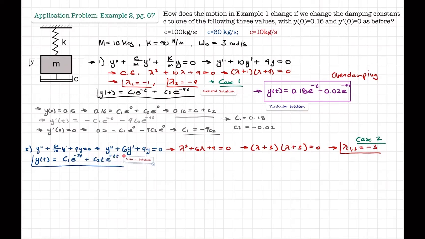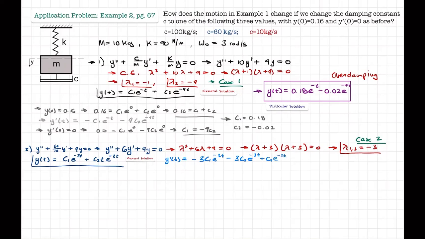And now, once again, I need to apply the initial conditions. I need to figure out what that other solution is. So let me write it here. Let's continue working here. So y prime of t will then be equal to negative 3c1 e to the negative 3t minus 3c2 e to the negative 3t plus c2 e to the negative 3t, right?